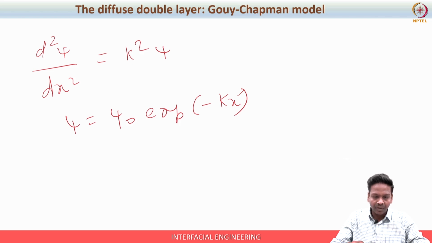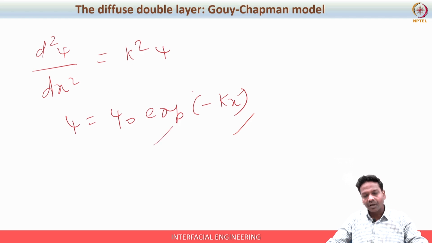So we have only considered the variation of psi in the x direction, and the rest of the coordinates were ignored. So that's how this equation has been derived. Just keep it noted that we have obtained this equation by assuming that the problem is applicable in one dimension only.